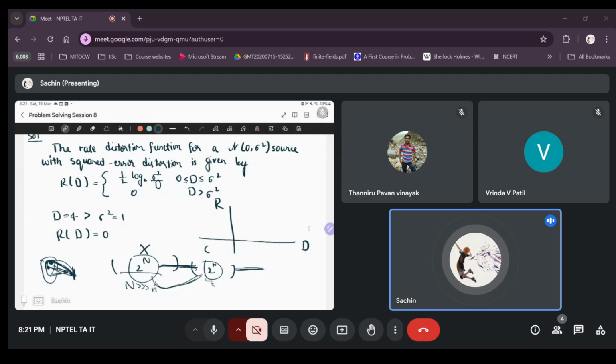By using larger and larger codes, so instead of 2 power n, if you use 2 power n dash, where n dash is much larger than n, but still less than capital N, you're using a larger code, so the distortion you get will be lesser.